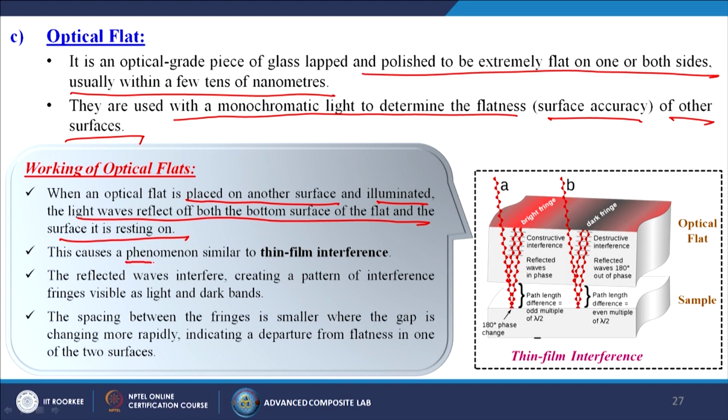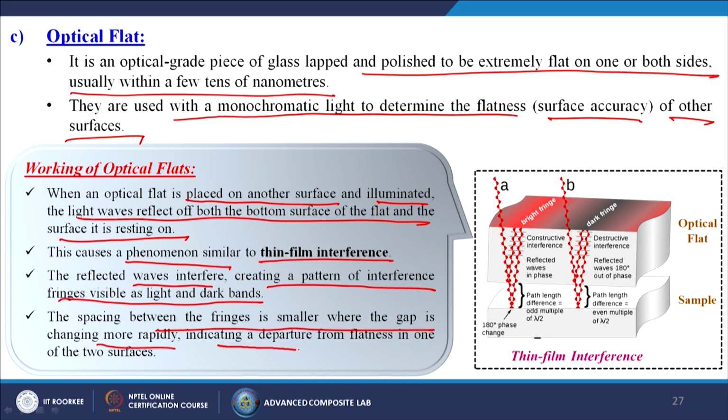This causes a phenomenon similar to thin film interference. The reflected waves interfere, creating a pattern of interference fringes visible as light and dark bands. The spacing between the fringes is smaller where the gap is changing more rapidly, indicating a departure from flatness in one of the two surfaces.